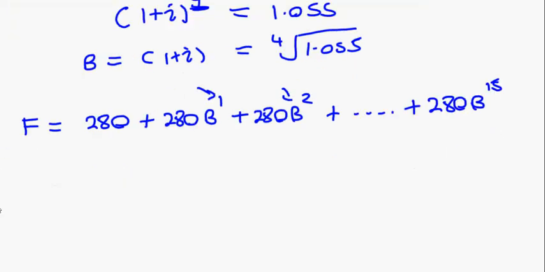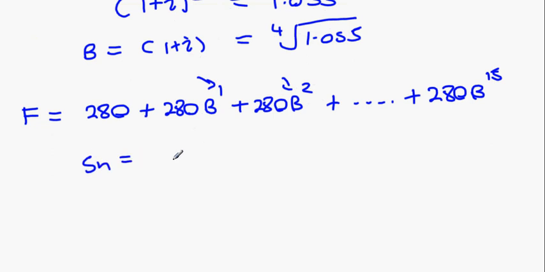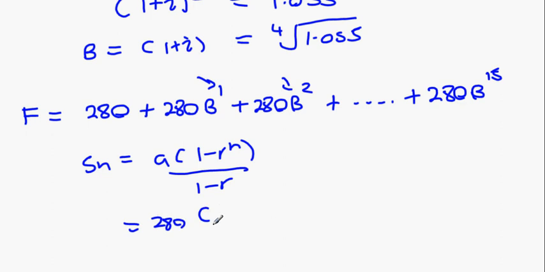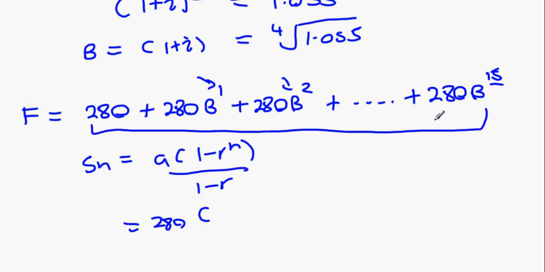Now, Sn equals a into 1 minus r to the n, all over 1 minus r. So our a value is 280. Our n value is not 15, it's 16, because if you count everything here, there are going to be 16 payments. So it's going to be b to the power 16 all over 1 minus b.